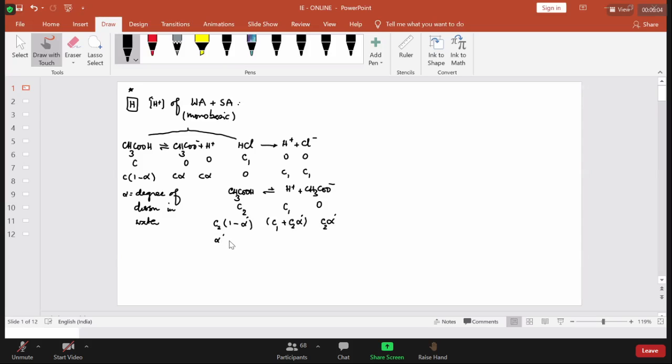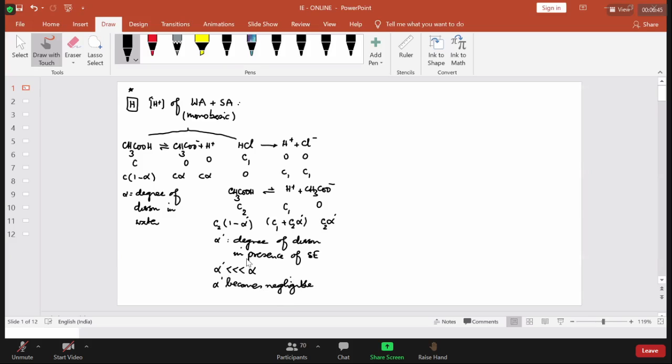Alpha dash is the degree of dissociation in presence of strong electrolyte. Due to the common ion effect, alpha dash is very much less than alpha. I have shown you an example in the previous class. Therefore, alpha dash becomes negligible. This is the experimental fact of the common ion effect.